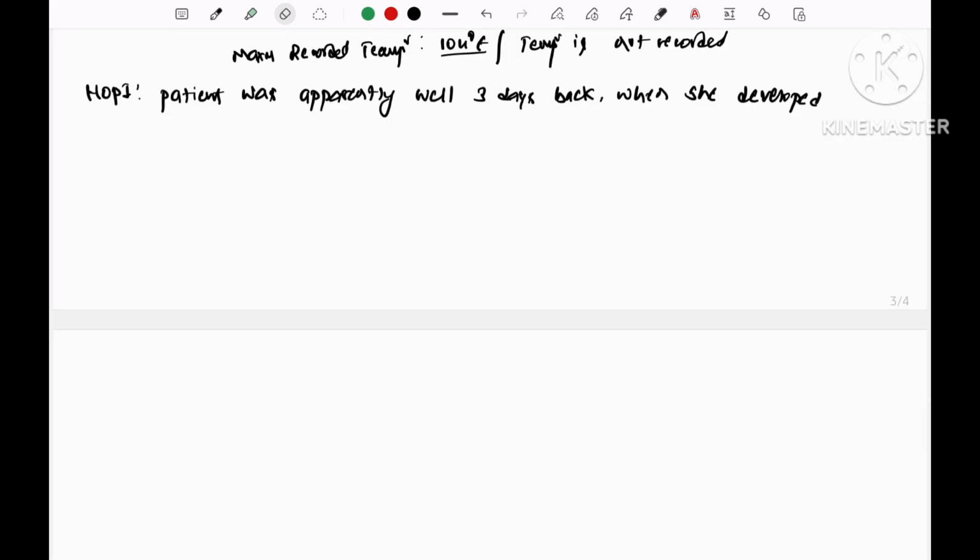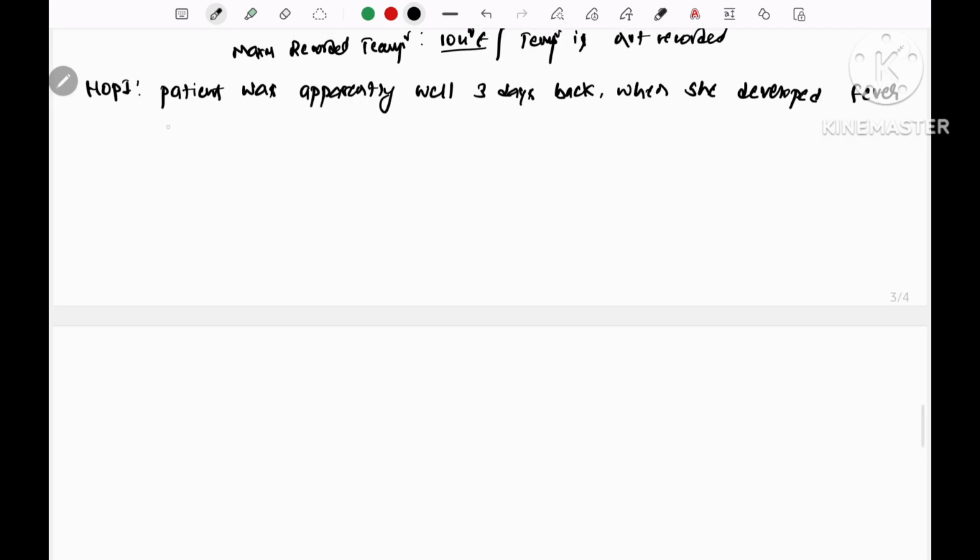So the patient was apparently well 3 days back when she developed fever, which is gradual in onset, progressive. Like initially the recorded temperature was around 99, then it became 100, then 101, as the patient says.